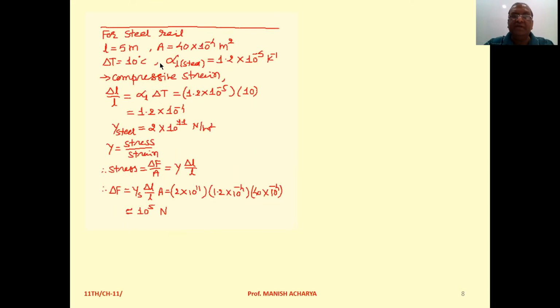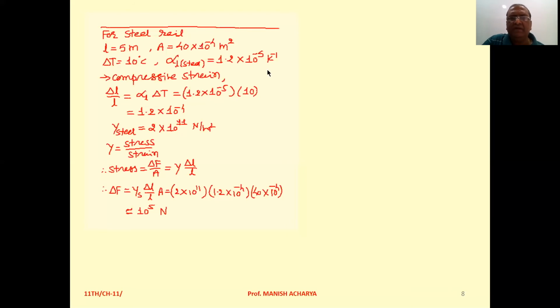If we calculate, suppose the length of the steel rail is 5 meter, the area of its cross section is 40 centimeter square, so that is 40 into 10 raised to minus 4 meter square. Now suppose its temperature is increased by 10 degrees Celsius only. Now the coefficient of linear expansion for steel is 1.2 into 10 raised to minus 5 Kelvin inverse.